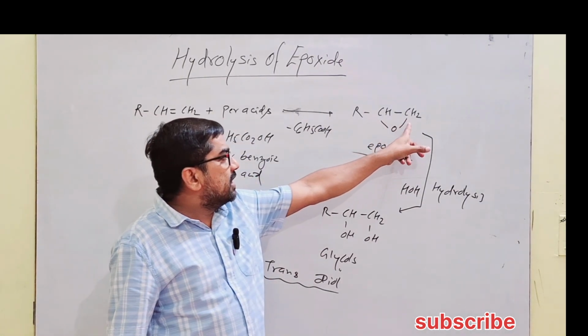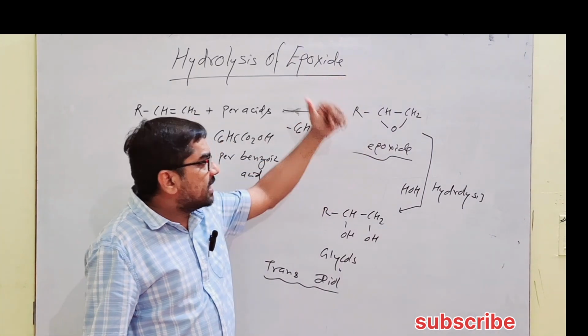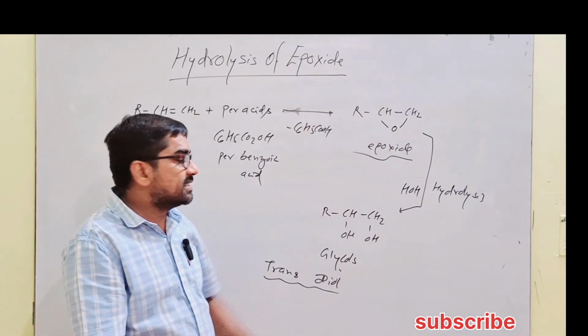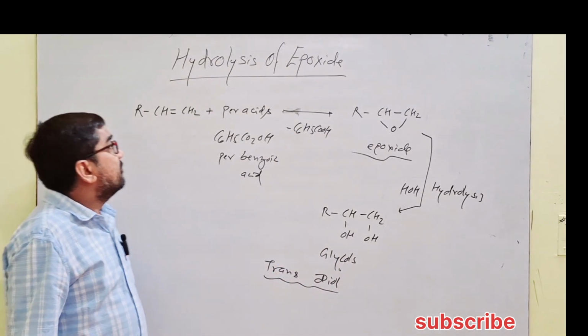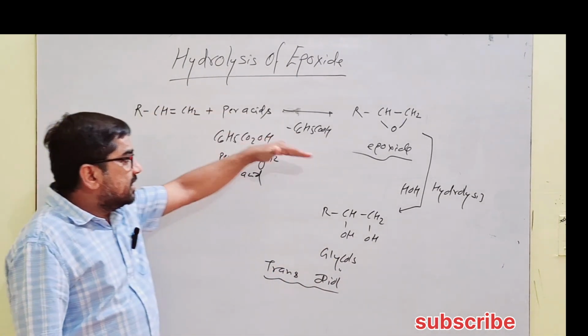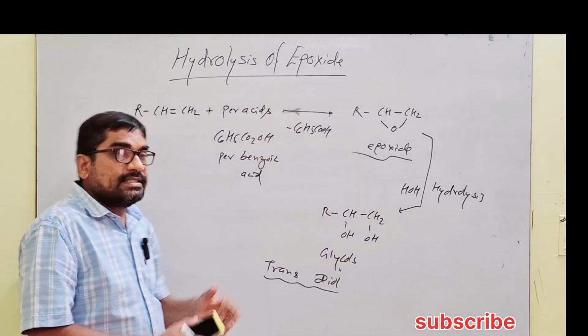Since when this bond breaks, OH gets attached on two opposite sides, that's why trans diols are obtained when an alkene reacts with per acids.